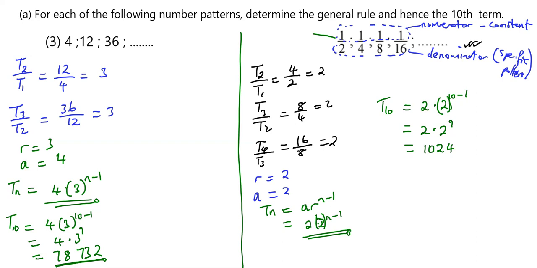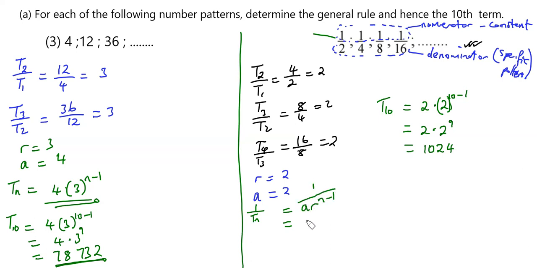I've made an error here, just to correct you. Let's keep it this way, 1 over Tn, so that we won't have much of a problem.